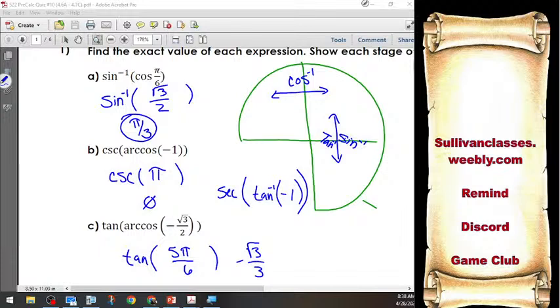Versus if I said find the arc tangent of the cosine of 11 pi over 6. Okay? You should be able to do it both ways, right? You just got to remember arc functions are the restricted ones.